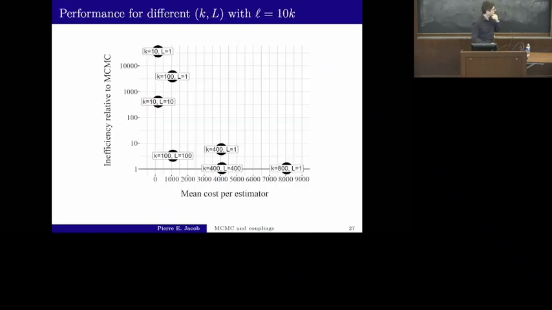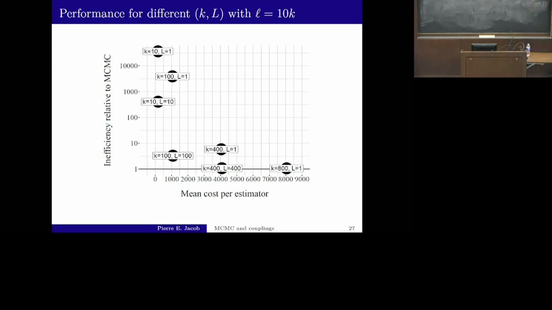So you can do plots like this, for example, where you have the inefficiency relative to MCMC. Here the hope is to get to 1. That's the inefficiency of the method, cost times variance, divided by the inefficiency of MCMC, which is basically the asymptotic variance times 1, because we count the cost of one iteration as 1.